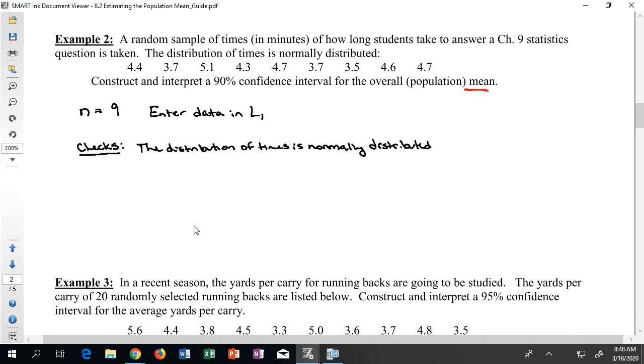So that checks off. I feel confident that I'm able to proceed with the confidence interval. So I'll put up a little space here to record my interval and a space to provide my interpretation.